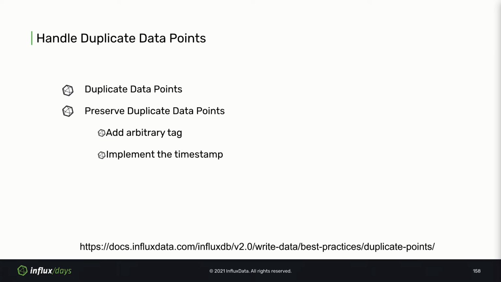In that way, you can have your duplicate data points combined into a single point. However, there may be times when you want to preserve old and new values in duplicate data points. If that's the case, you can add an arbitrary tag, or you can implement a timestamp in order to preserve those data points, so that you can have them involved in whatever data queries you want to do once your data is in InfluxDB.